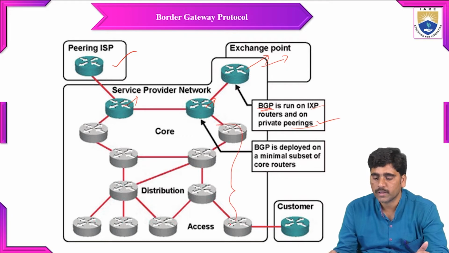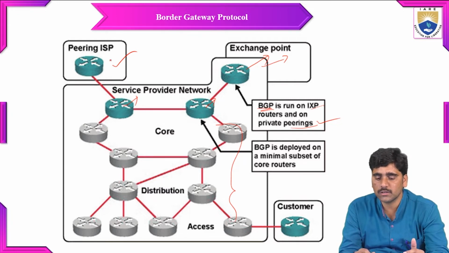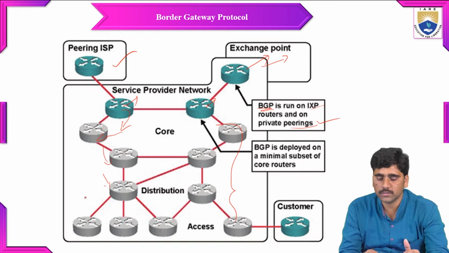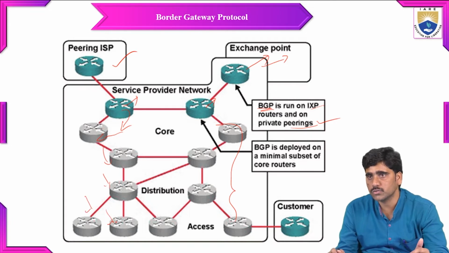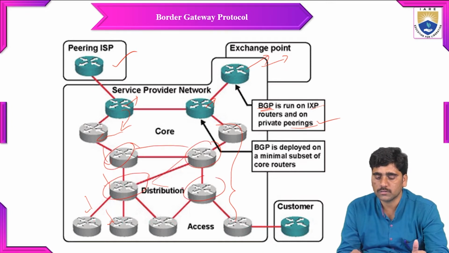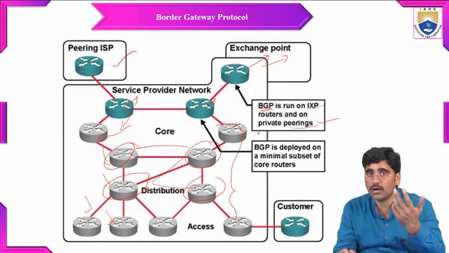BGP is developed with the help of the internet service provider, which provides internet service to the local network provider, and the local network provider gives access to local users, so that the network is distributed among all the routers. This is the way the Border Gateway Protocol works.